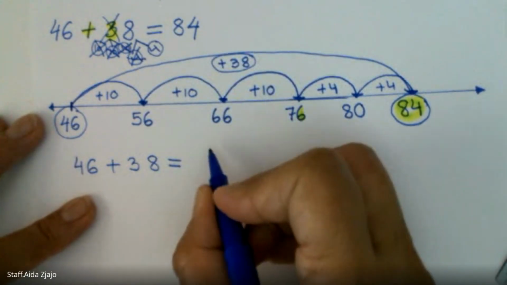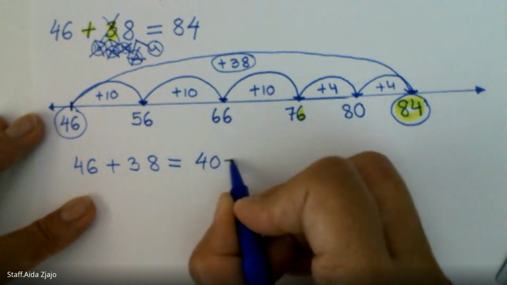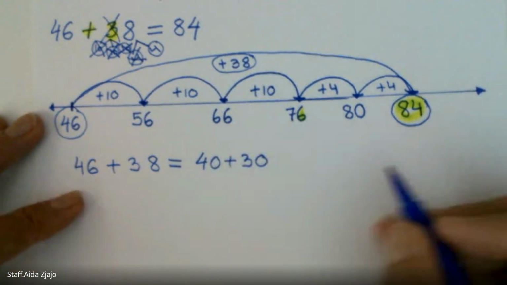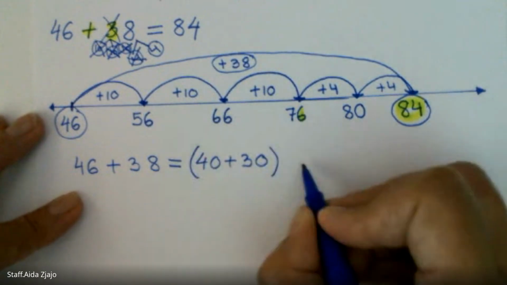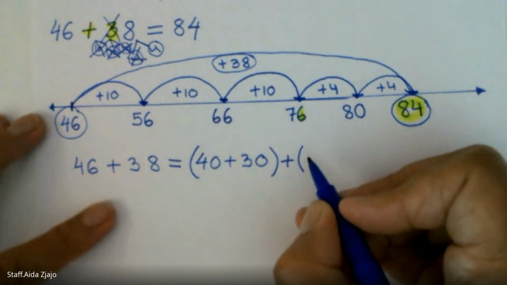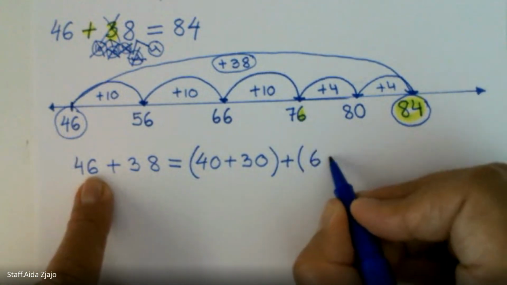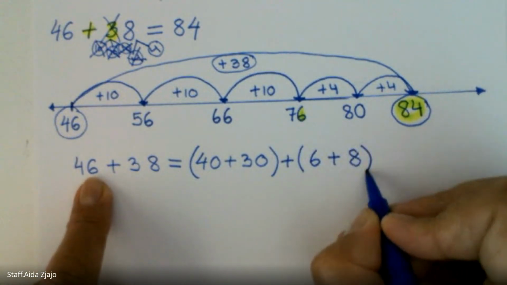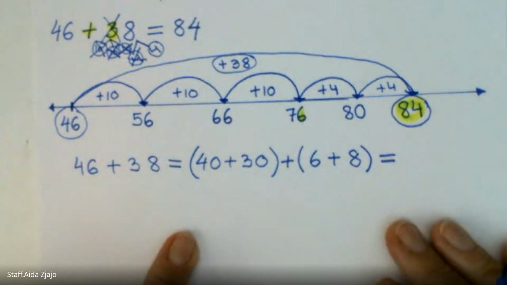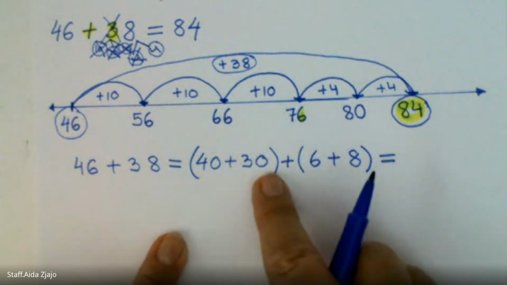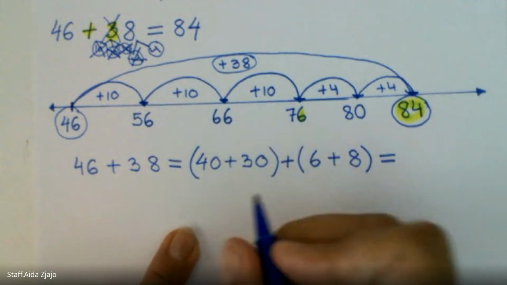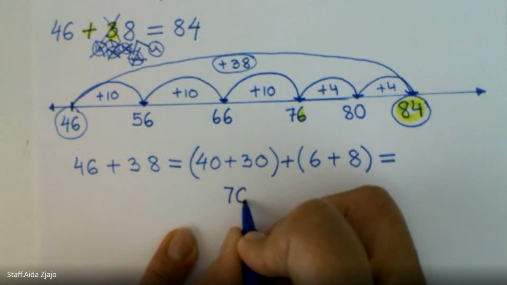So I'm going to add 40 plus 30. And then I'm going to add ones, 6 plus 8. When I have that, I can add the tens. 40 plus 30 makes 70.